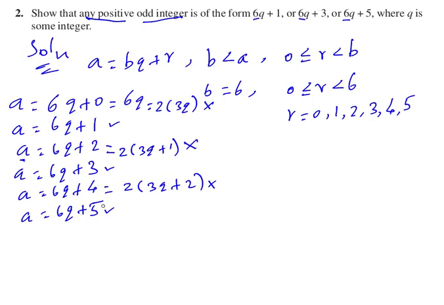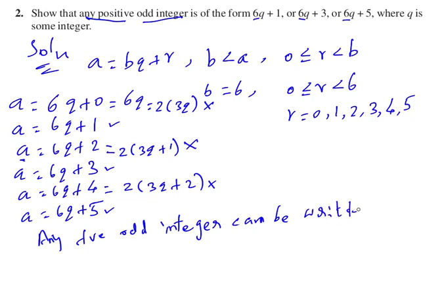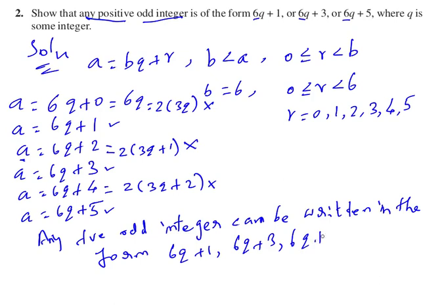So every positive odd integer can be written in the form of 6q plus 1, 6q plus 3 or 6q plus 5.